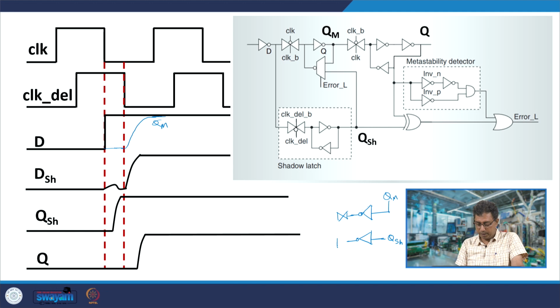So, you will have a multiplexer here. We are implementing it using a transmission gate multiplexer. The signal error underscore L goes here.